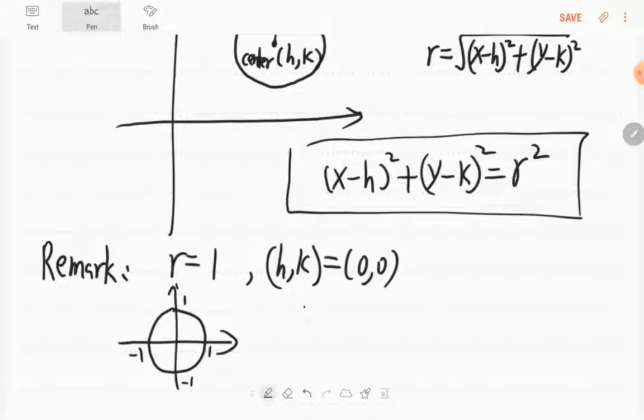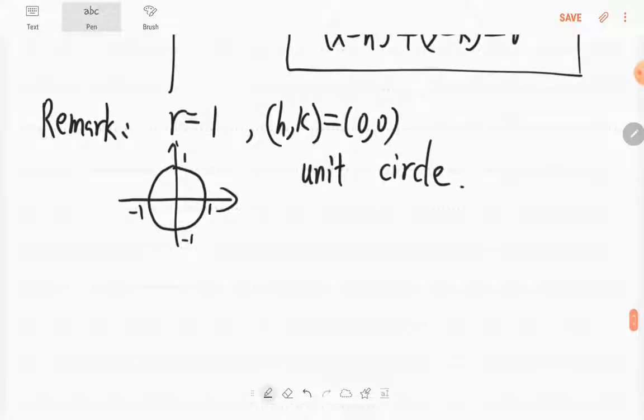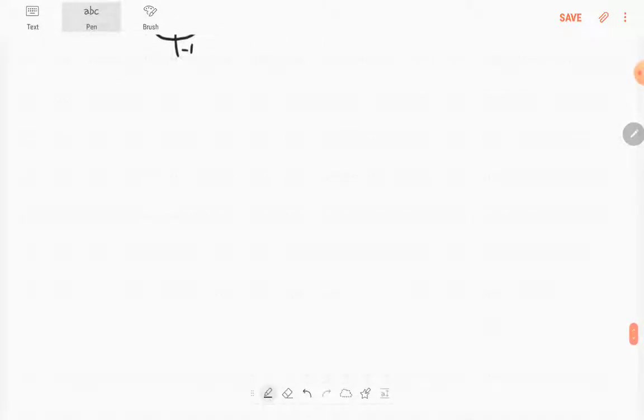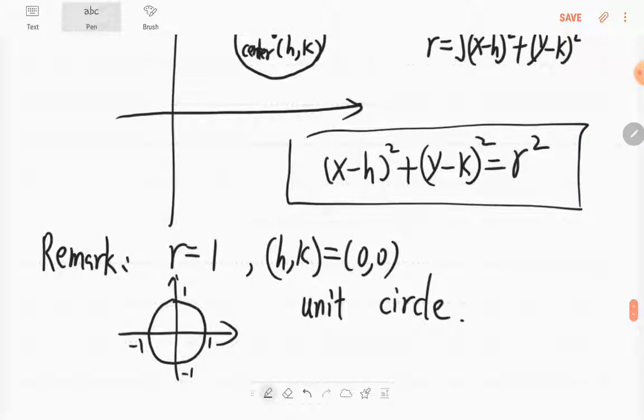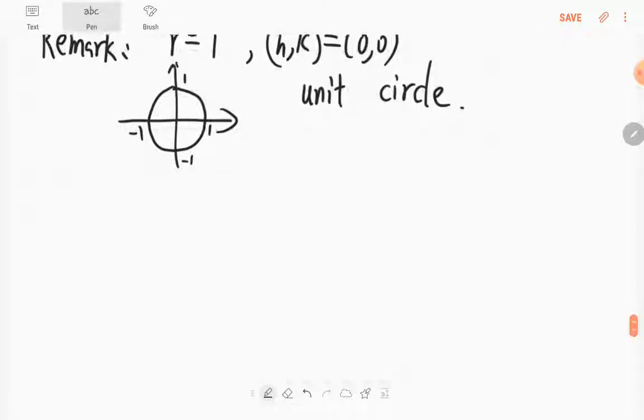So this is called the unit circle. Now let's look at one example, and this is called the standard form of the circle. Okay, circle equation, standard form.